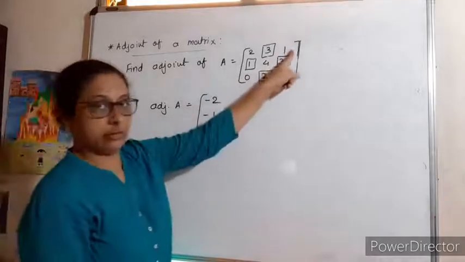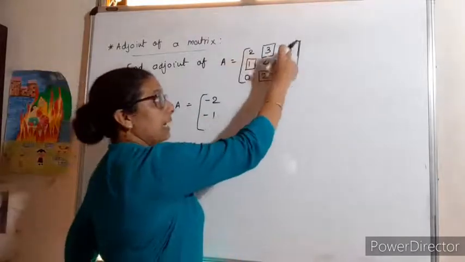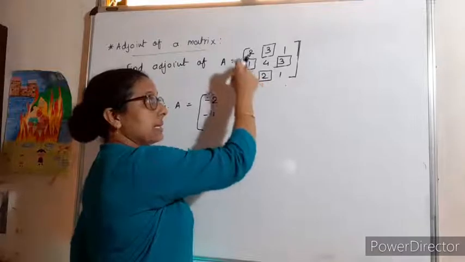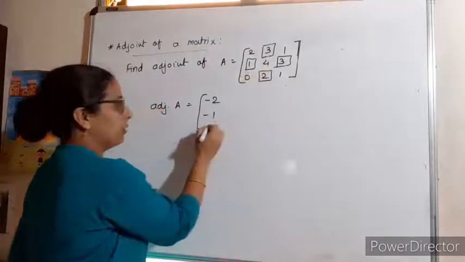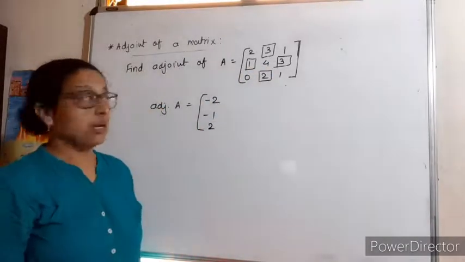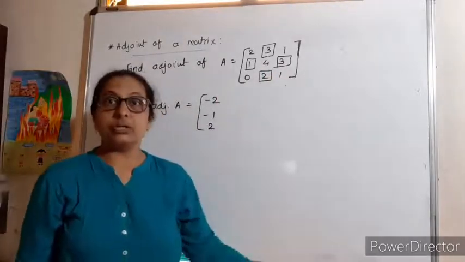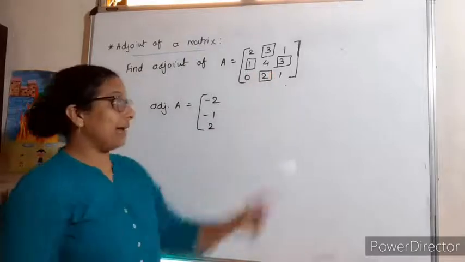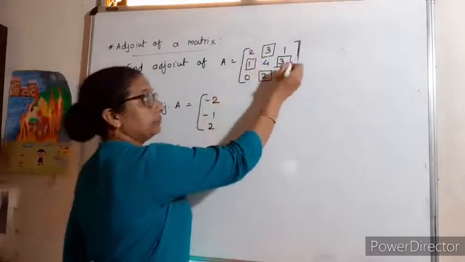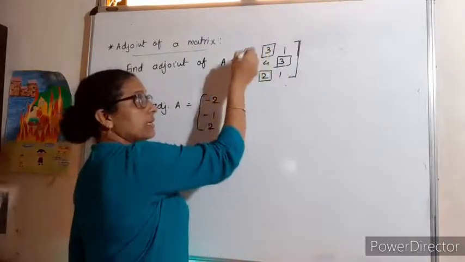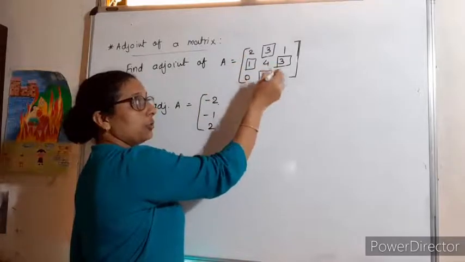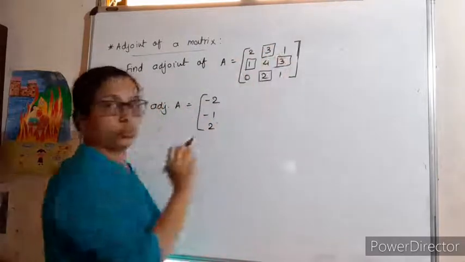Now this third. What we will do? Hide this. 2 1s are 2 minus 0. It is 2. Second row start करेंगे और second column बनाएंगे. So, second row, that is hide this. What is it? अगर ये और ये hide किया तो 3 minus 2, 1.